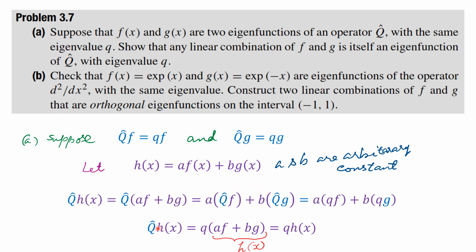So naturally, this will be equal to q into h of x. That is, the linear combination, where we have taken a and b as arbitrary constants, is equal to q h of x. So we are getting the same eigenvalue. So any linear combination of f and g will have the same eigenvalue.